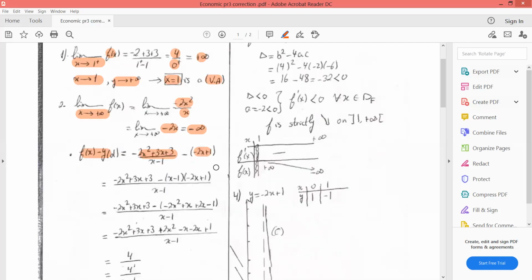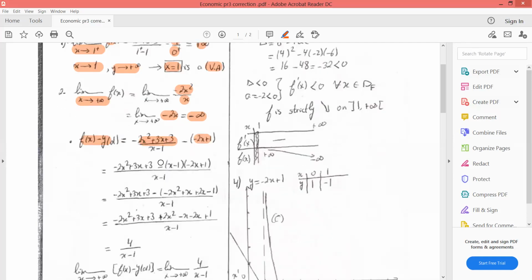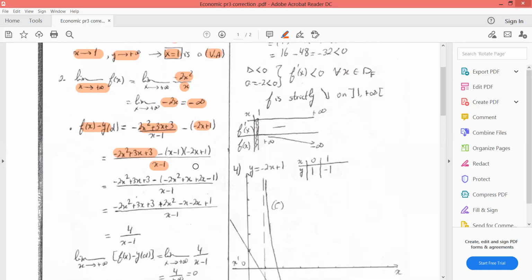We take the LCM, which is x - 1. هيدا بتضل أول واحد the same. Minus (x - 1)(-2x + 1). هيدا remains the same. ننتبه وقت نعمل expand نخلي الماينس هون and we open the brackets.